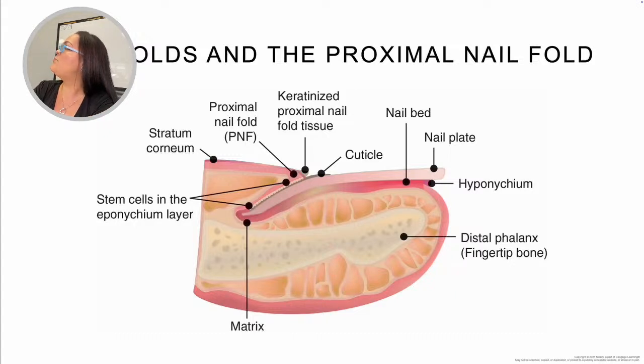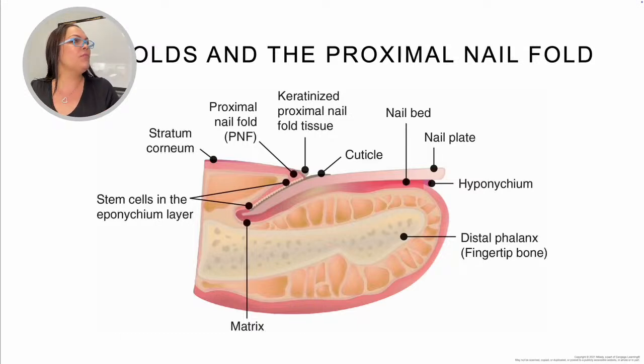And you need to know where these parts are and the function of each and every one of them, okay? Now, this is what we call a cross-section of the nail. I don't have a top view picture, so I'm going to use my actual finger for the top view to show you guys these different folds, all right?